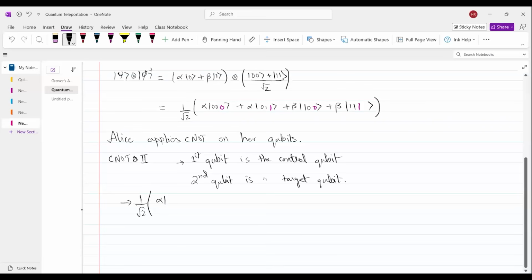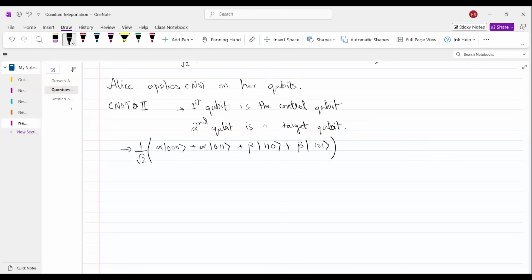So when Alice's first qubit is 0, the second qubit remains the same. And when Alice's first qubit is 1, she applies the NOT operator on the target qubit. And after doing that, the second operation that she applies is the Hadamard operator on the first qubit.